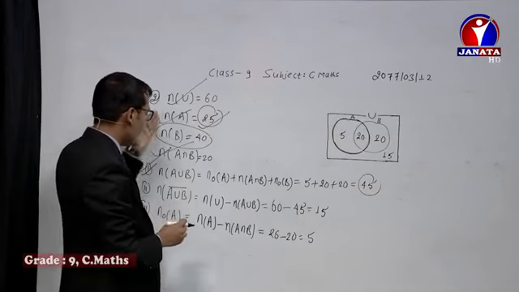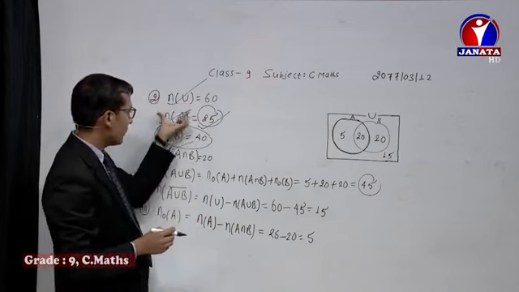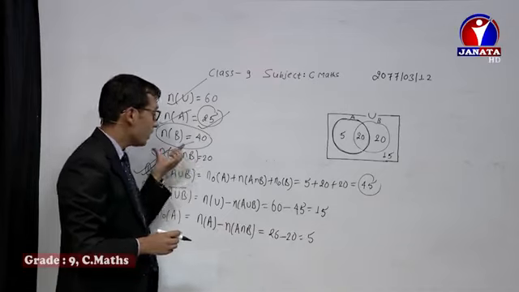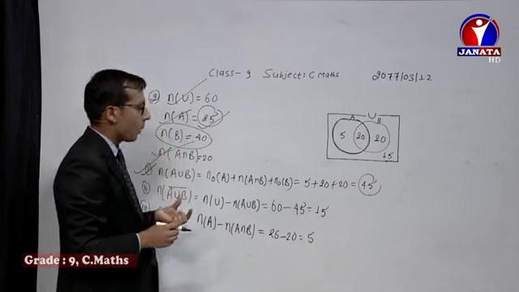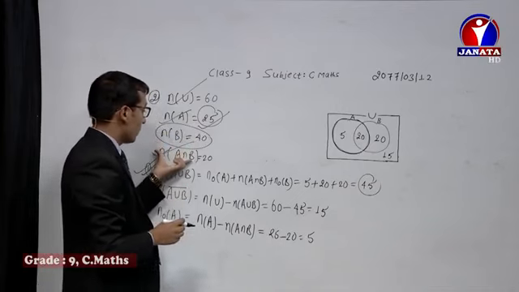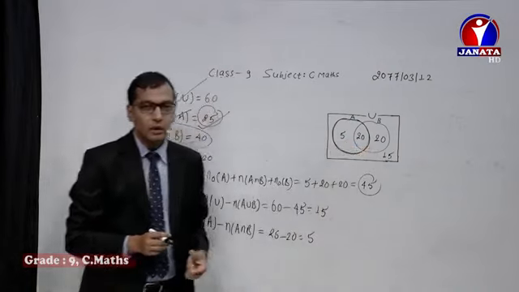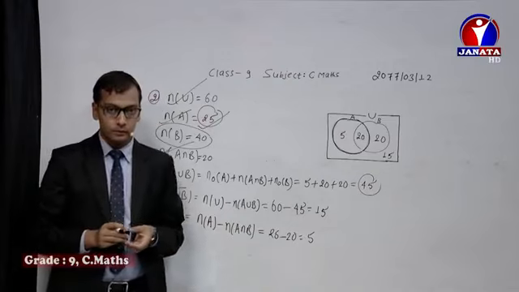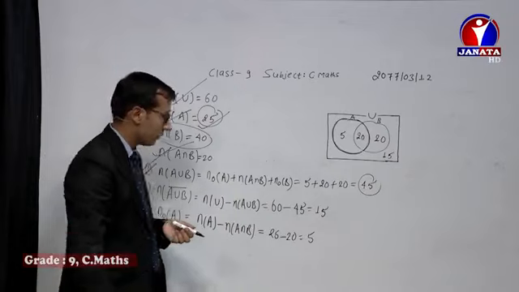Here all the information is known: n of U, n of A, n of B and n of A intersection B. With the help of this information, first of all we represented a Venn diagram, we inserted all the numbers in the Venn diagram, and I also tried to use the formula. So we can do this in two different ways.